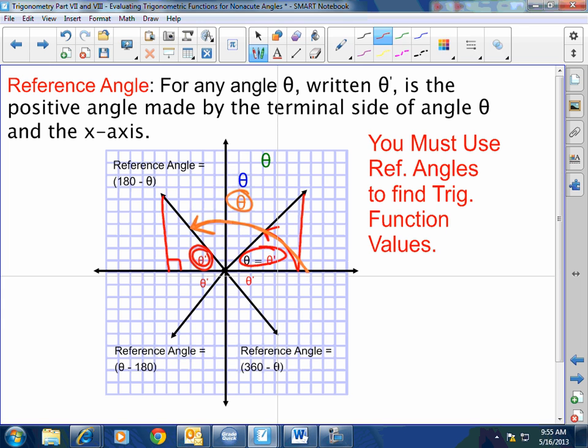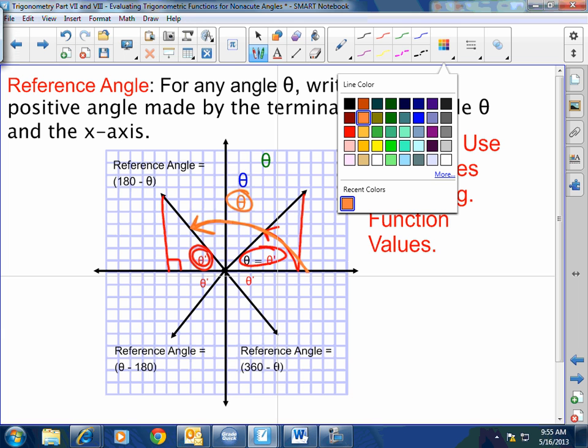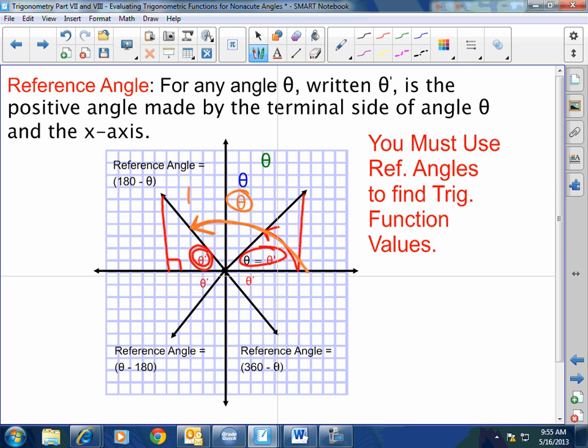So for example, let's say that my orange theta here, my big angle, let's just say it was 150. Check this out. You went 150, right? That's 90 plus 60, correct? What would my reference angle be here? 30.